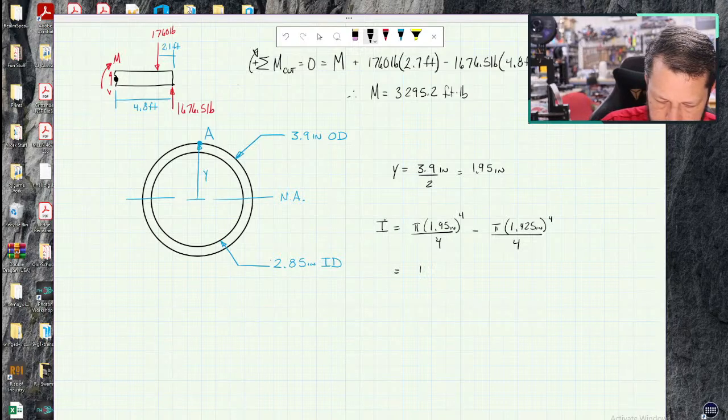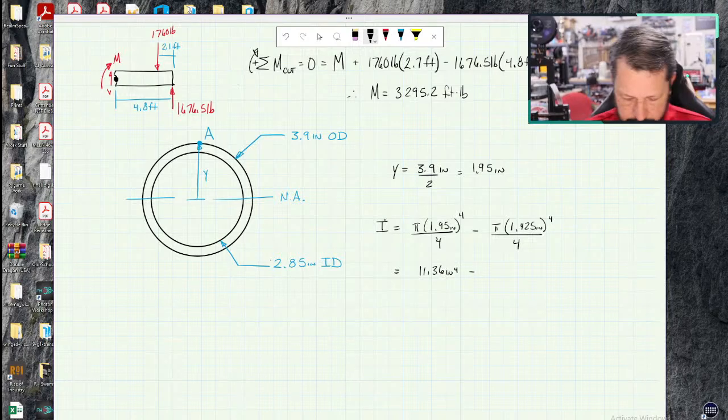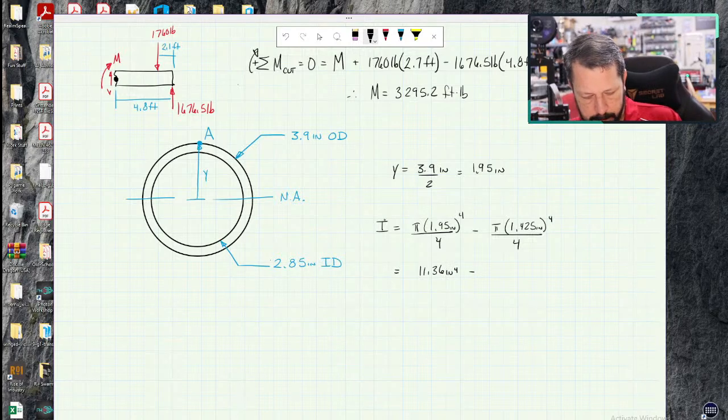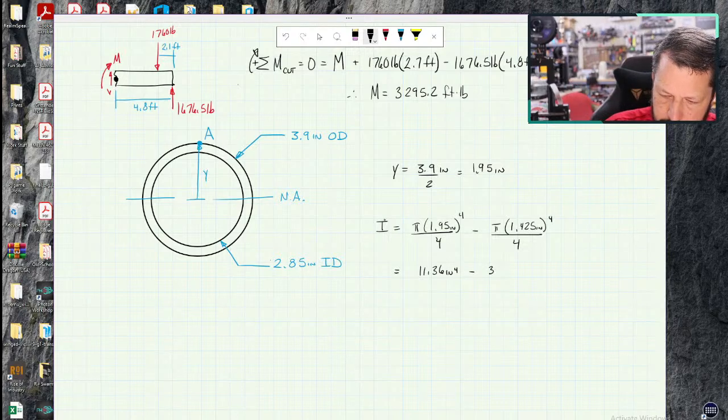Let's see, this first number is 11.36. Second number, .23. Let's say I only use 2. Let's do 2.4. So the total number, 8.12 inches to the fourth.